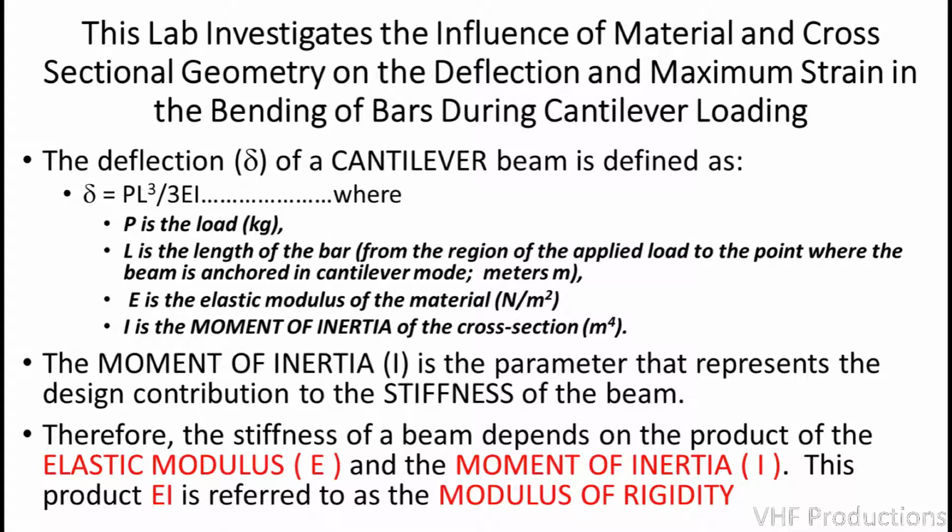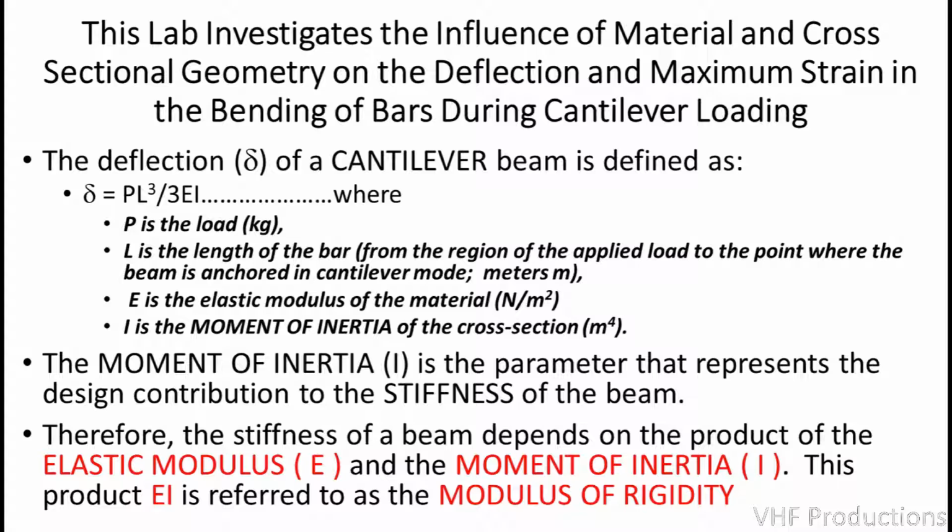In this lab, we will investigate the influence of the material cross-sectional geometry on the deflection and maximum strain in each bend bar during cantilever loading. The deflection of a cantilever beam is defined as delta, which is equal to P, the load, times L, the length of the bar at the point where the load is being applied, cubed, divided by 3 times E, where E is the elastic modulus, times I, the moment of inertia for the given geometry.